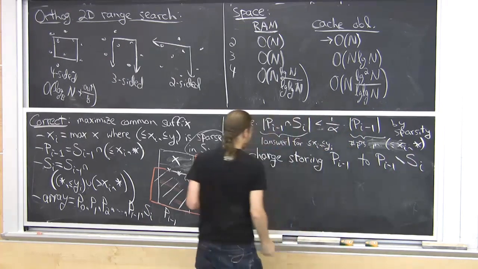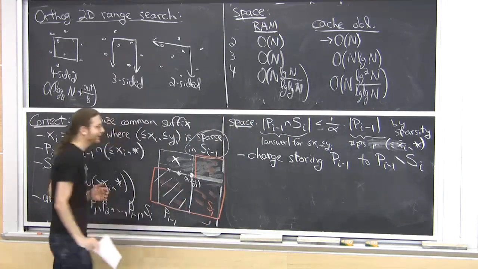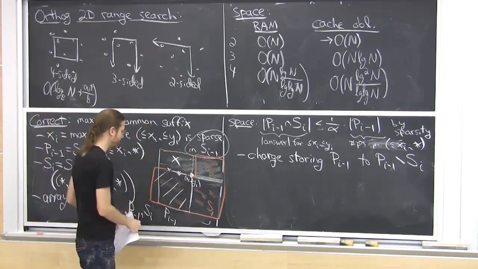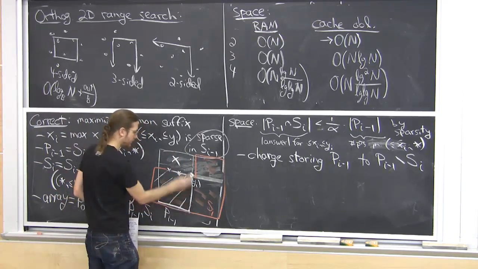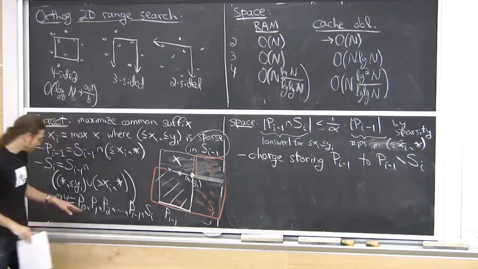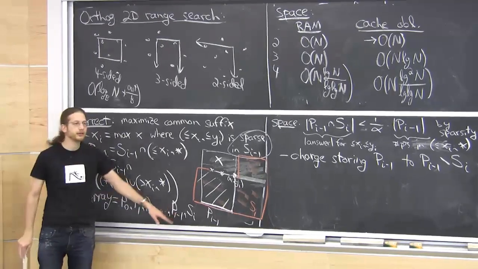This algebra I have to interpret every single time, but that's fine. Let's look at the picture. Okay, P_{i-1}, remember, was this white rectangle here. Everything to the left of the line. So now we have to store P_i. So we want that the sum of the sizes of the P_i's is good.